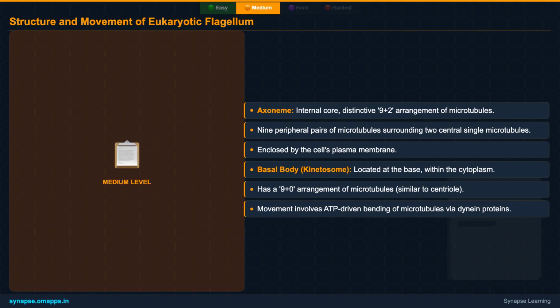The entire structure is enclosed by the cell's plasma membrane. At the very base of this flagellum, inside the cell, is a basal body, which has a 9+0 arrangement, similar to a centriole. This intricate setup allows for a sophisticated wave-like or bending motion, powered by ATP.